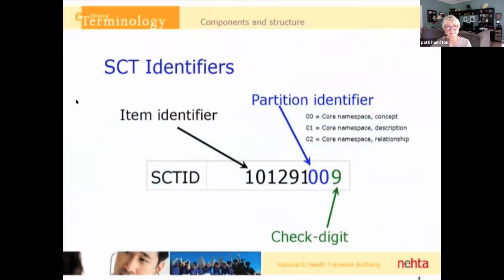So concepts, descriptions, and relationships have a different identifier. So if something is intended to be in a concept identifier slot and it doesn't have the right partition identifier, then there's a mistake, and you can write programs that handle those mistakes in systematic ways. So that's the structure of the SCT identifier.